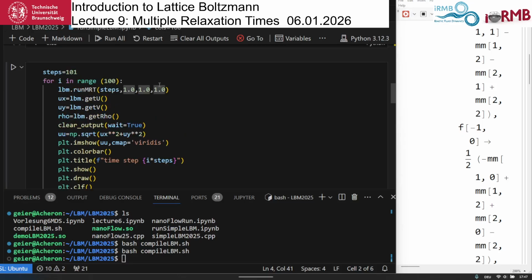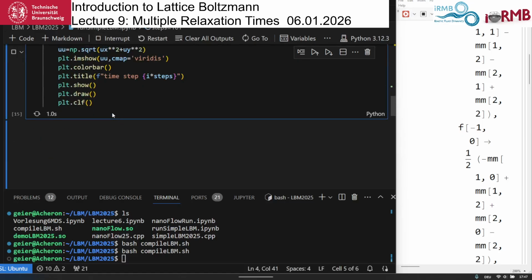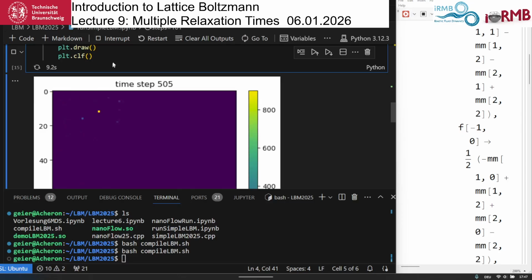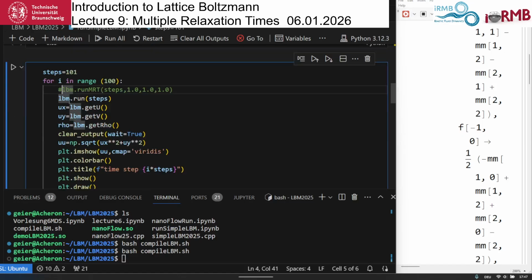So I put an LBM dot run steps here, and I will comment the other line. And let's see what this does. Okay, yeah, there are some oscillations here. Bloom. Okay. Let's see whether the other one does any better. I don't know.